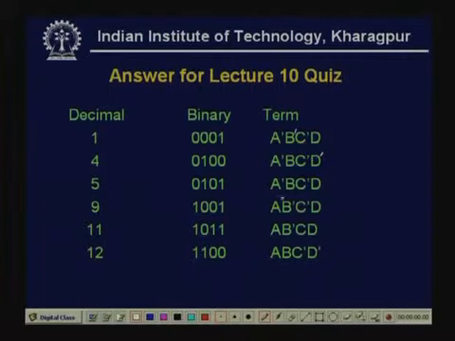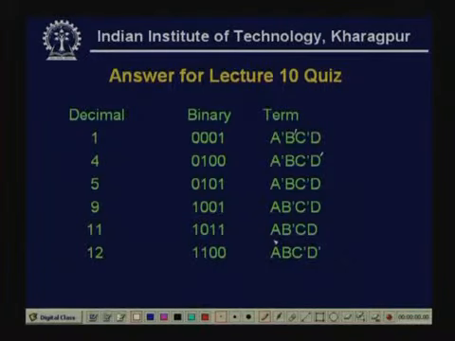For 5, it is A dash B, C dash D, 0101. For 9, it will be A, B dash, C dash D. 11 is 1011, so A, B dash, C, D.